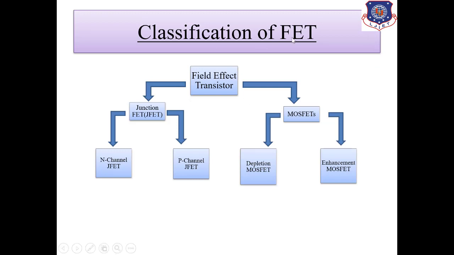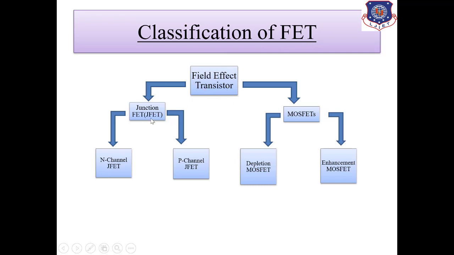Classification of FET. Students, we know that the main types of BJT are NPN and PNP. Similarly, we need to understand the classification of FET first, and then one by one we can understand the construction and working of each and every type. So let's start with the classification of FET, field effect transistor.